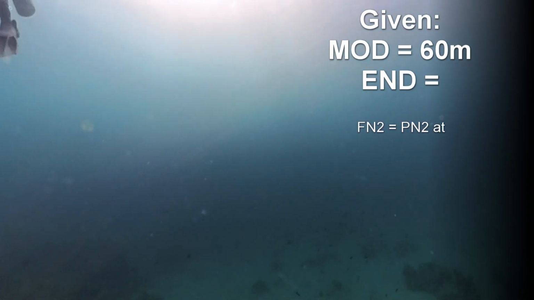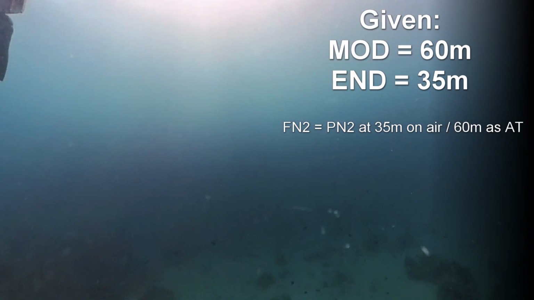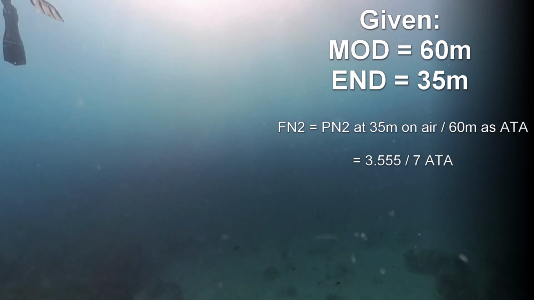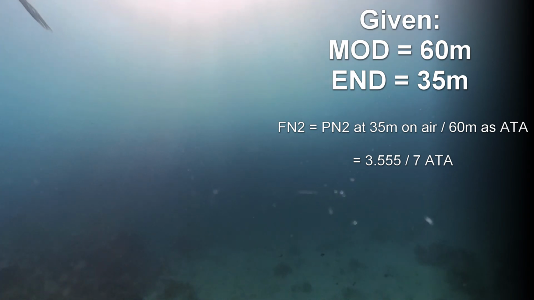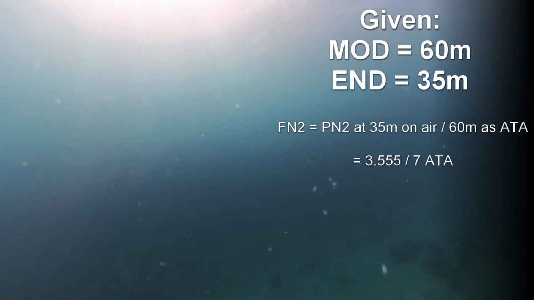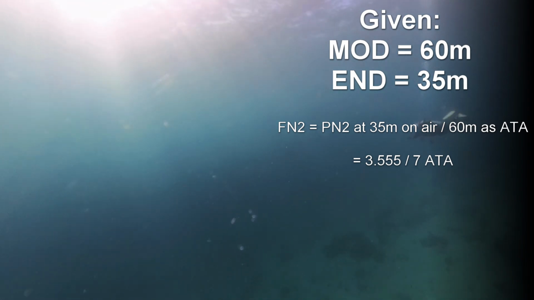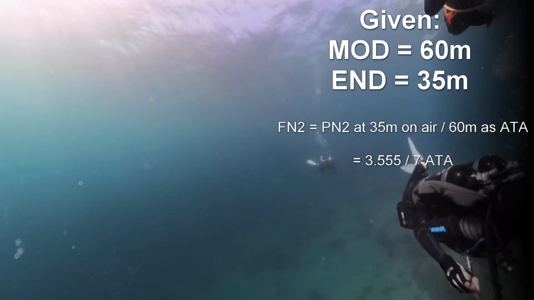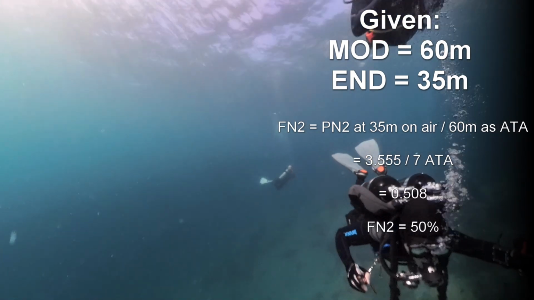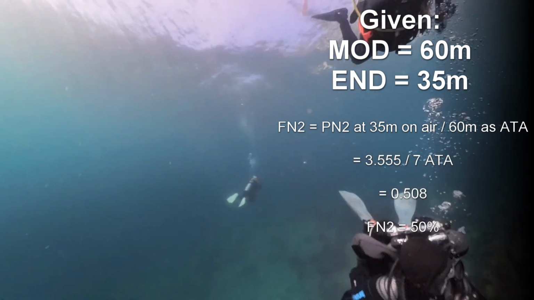Solving for our required fraction of nitrogen involves dividing our desired partial pressure of nitrogen determined by our tolerable END of 35 meters, which is 3.555, by our planned depth of 60 meters expressed as 7 ATA. And we get 0.508.